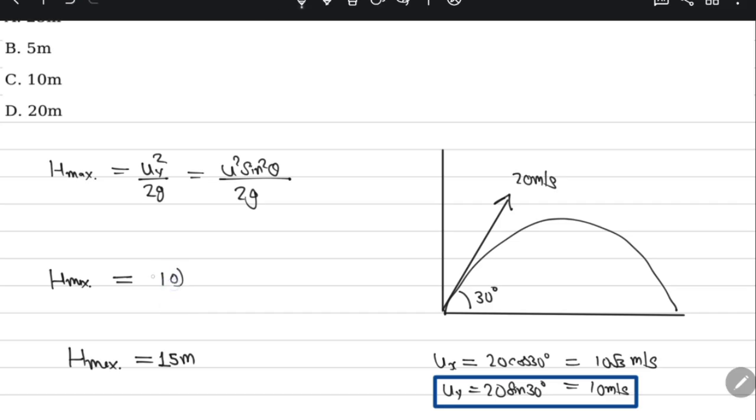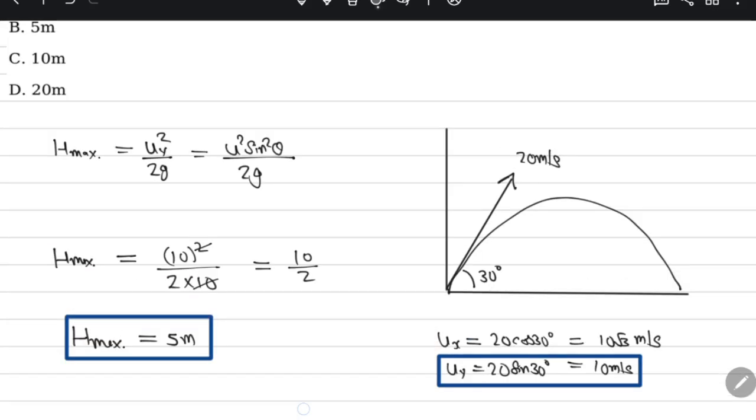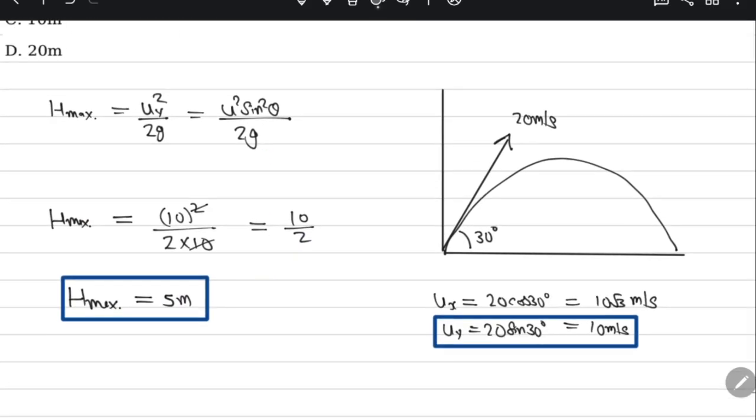So this is uy square divided by 2 into g, which comes out to be 5 meter. Right? So which option? Option B is correct. Actually, in my flow I wrote the x component and didn't notice.